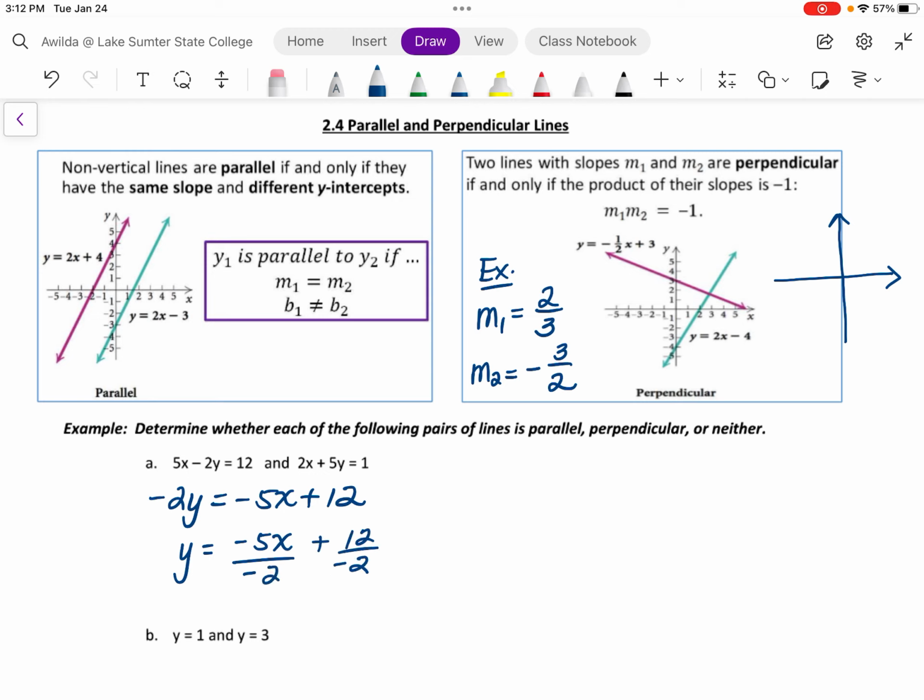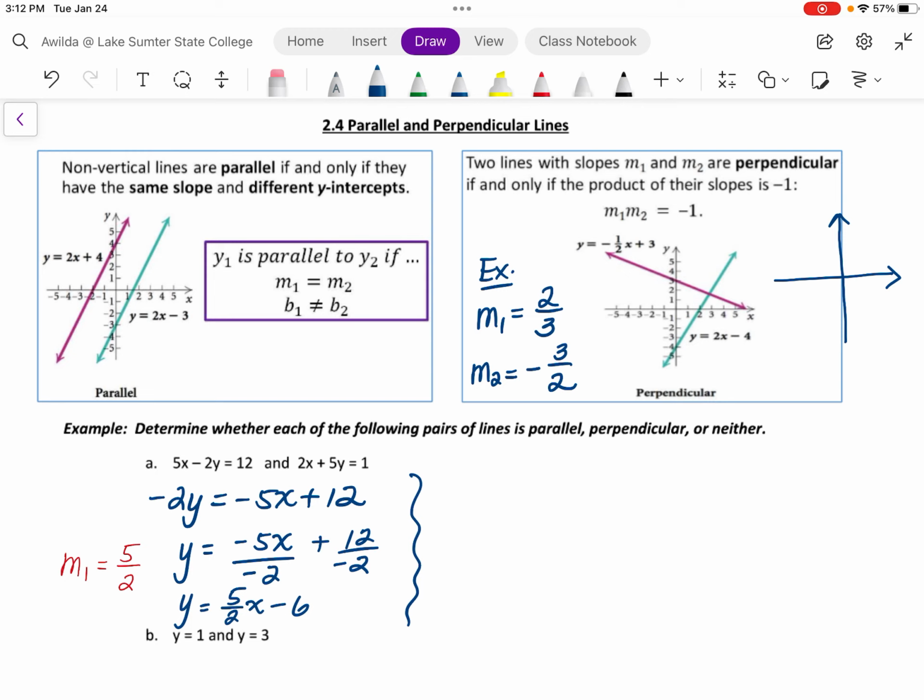So finally, we have that y is equal to positive 5/2 times x minus 6. Note that in this case, the slope of this first line is a positive 5/2. Now let's do the same thing with the second line. Its equation in standard form is 2x plus 5y equals 1.